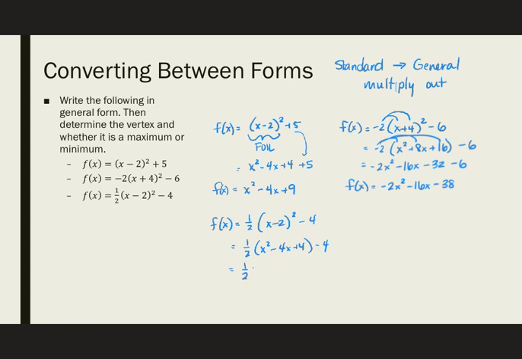So I get 1/2 x squared minus 2x plus 2 minus 4, and finally, 1/2 x squared minus 2x minus 2. Okay, so all the way into general form, it has to be multiplied out. You should only have 3 terms or less, and you're good.